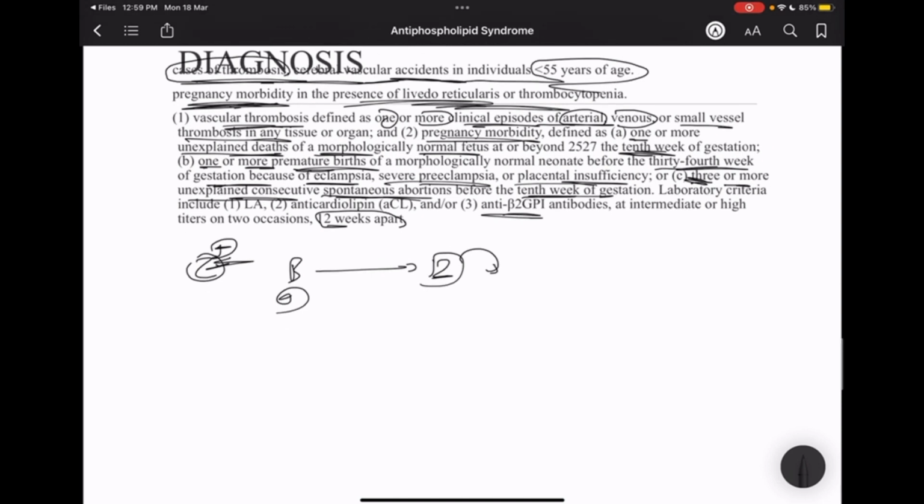By the way, we should do two tests, and they have to be positive 12 weeks apart. So we do the first beta-2 glycoprotein antibody test, and after 12 weeks we do it again, and it should be positive. In that case, we can consider this patient has antiphospholipid syndrome.